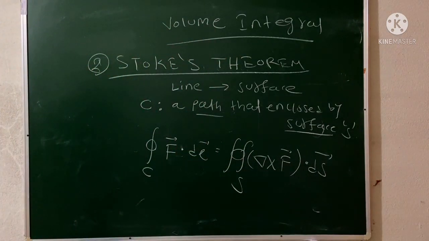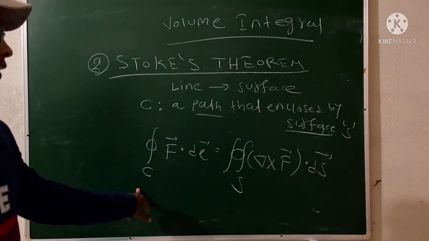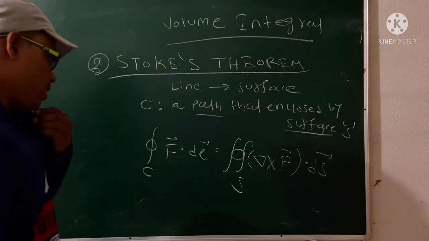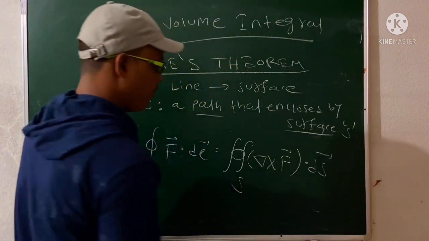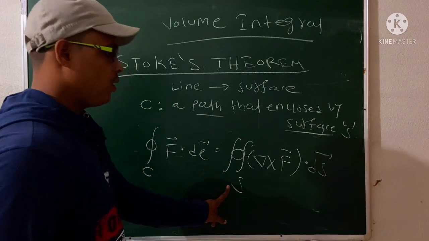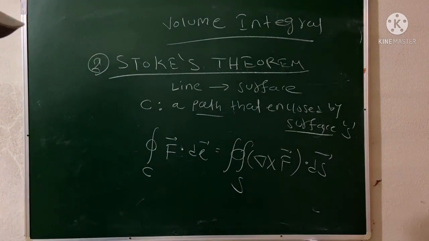So remember, the line integral of a vector field over a curve C is equal to the surface integral of the curl of that vector field over a surface S that encloses the path C. Okay, I am repeating.